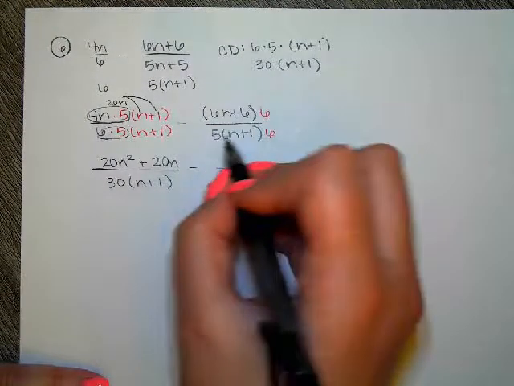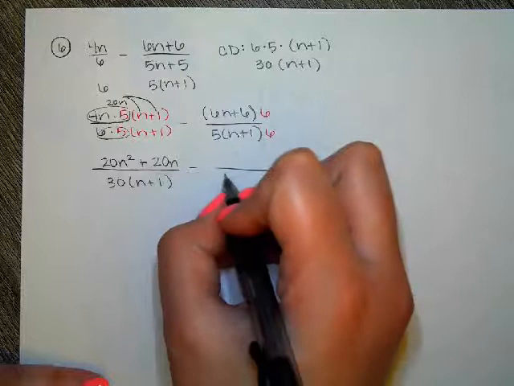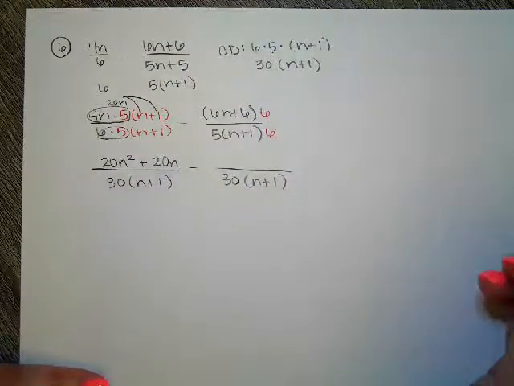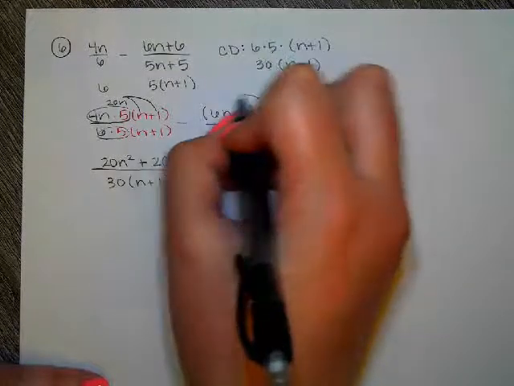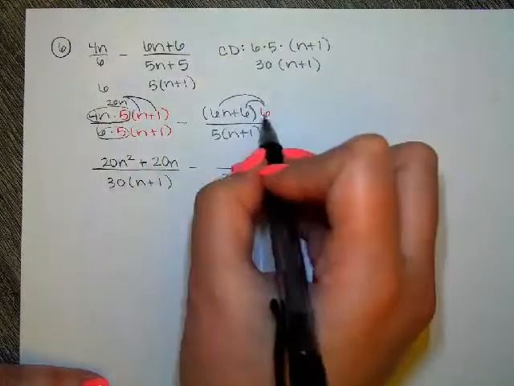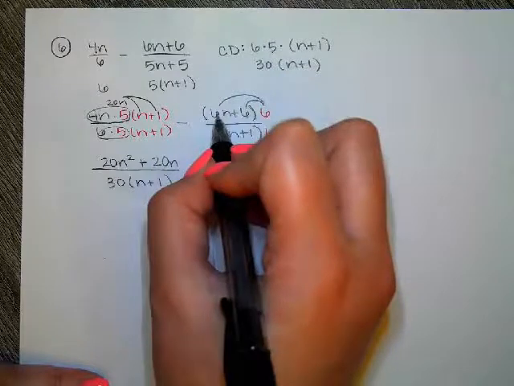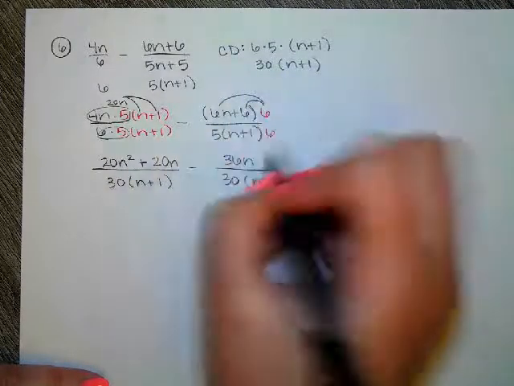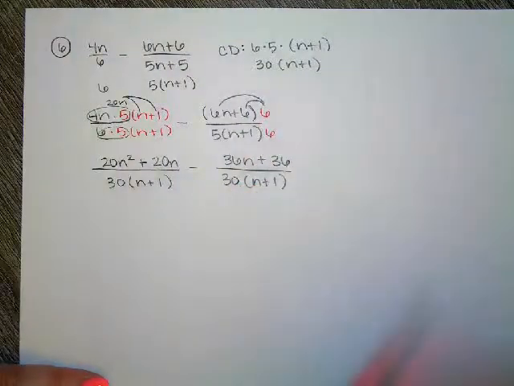All right, and then over here I've got 5 and 6 multiplied together is 30, and plus 1. And then on the top I have a 6 being distributed. 6 times 6 is 36n. 6 times 6 is 36.